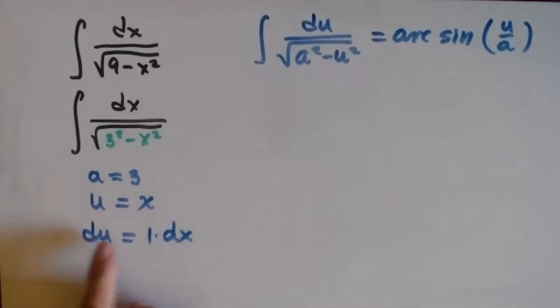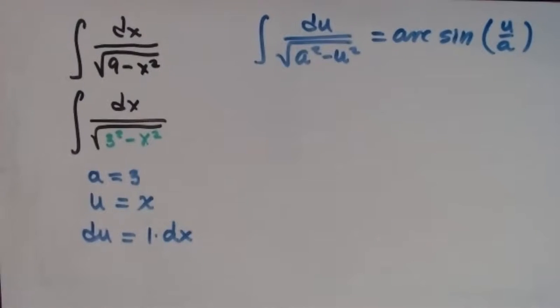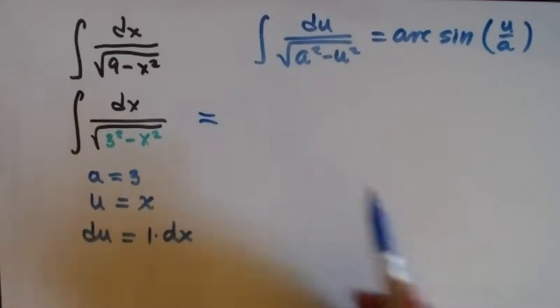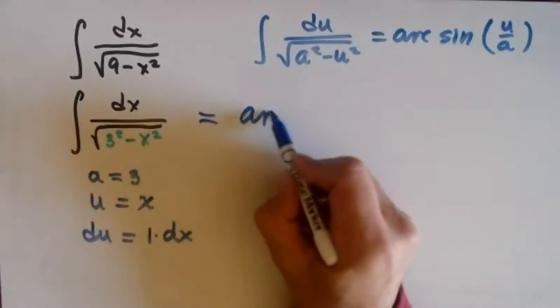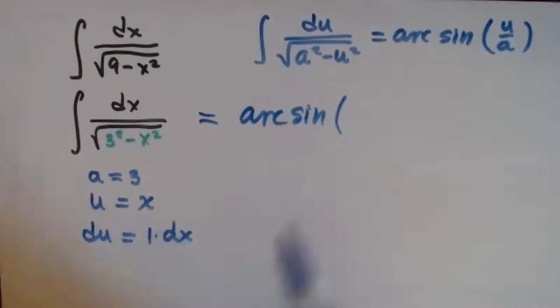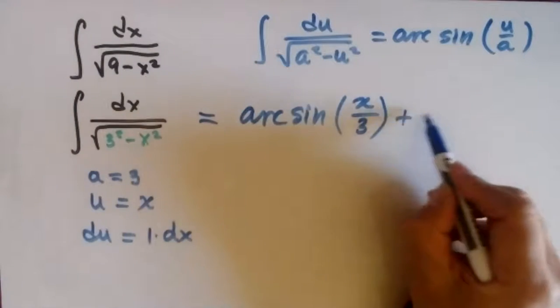With these changes, I'm matching perfectly this one, right? So this integral is going to be the arc sine of the u, x divided by 3, plus my constant.